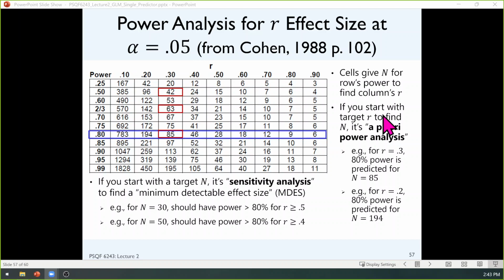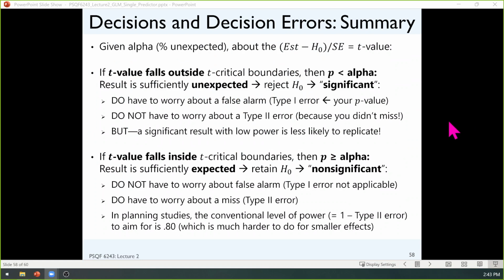To recap what you do and do not need to worry about with respect to these decisions: given alpha, which you define a priori, before you even collect the data, as the type 1 error rate you're willing to live with, your test result, the estimate minus your null hypothesis divided by the standard error, gives you t.